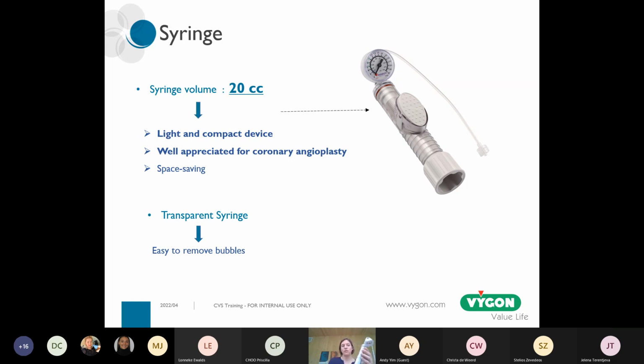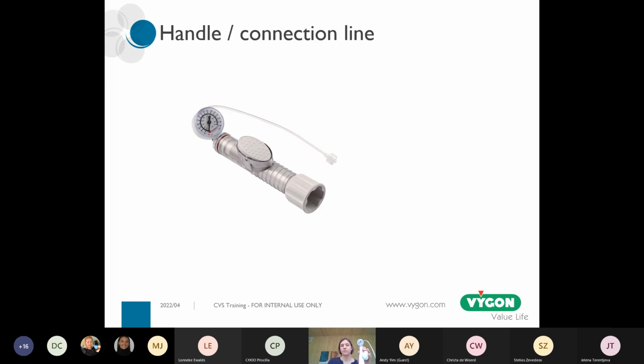The syringe is transparent, it's easy to remove the bubbles. You have a sensitive wound handle. That means that you have a progressive resistance of the handle from 12 bars when you inflate the balloon. It can be useful to estimate where you are and if you have to stop.